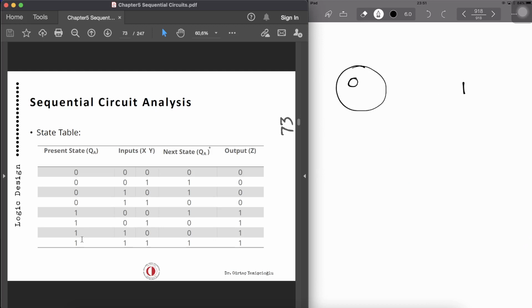In the Moore model, we have to write our outputs next to our states. So present state 0, output is 0. Present state 1, output is 1. And they are written next to each other. Now, the conditions. Input X Y. When both are 0, next state is 0.